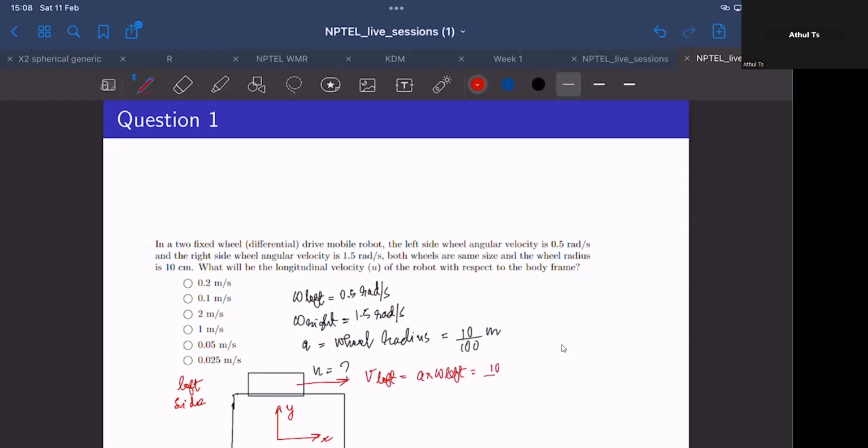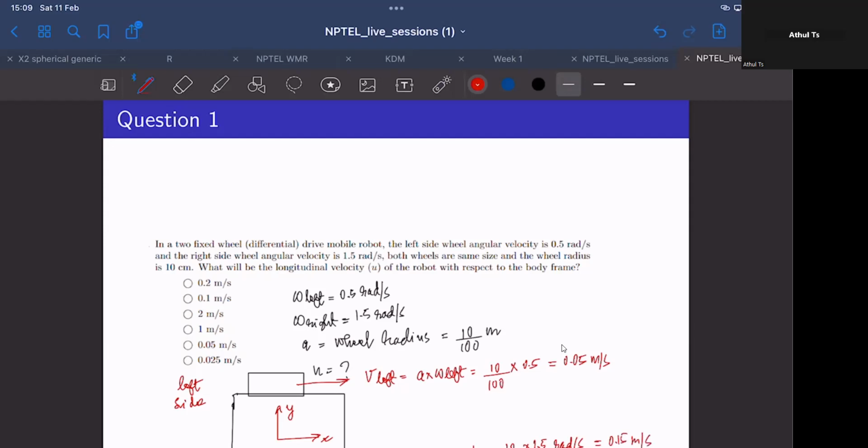This would be 10 by 100 times 0.5, which is 0.05 meters per second. And what about V right? This would be A times omega right, 10 by 100 times 1.5 radians per second, which is 0.15 meters per second.